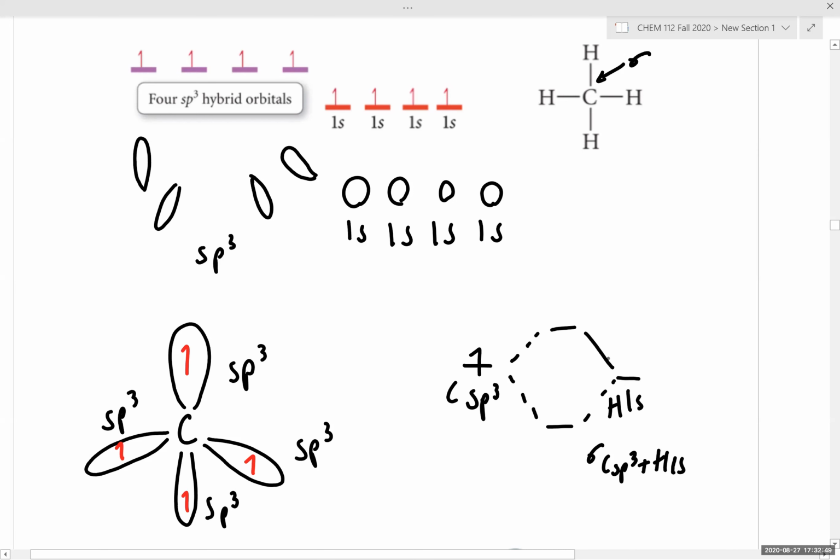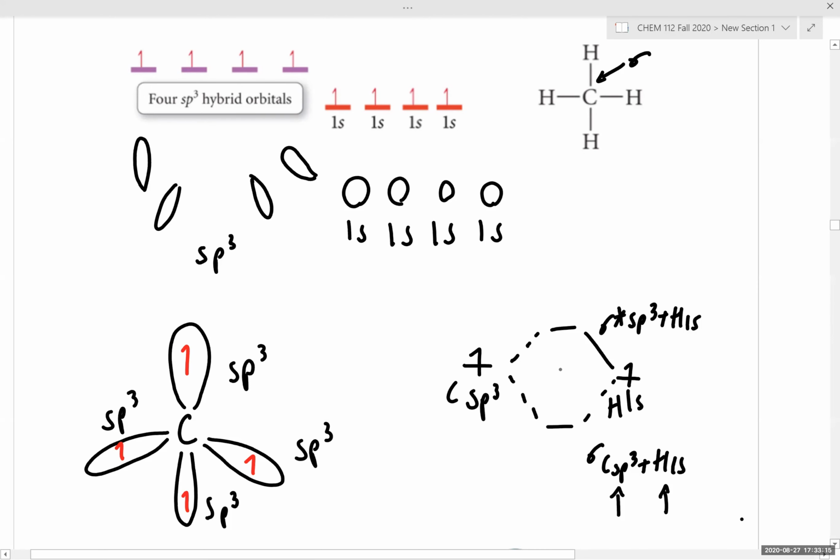We don't typically draw our antibonding orbital, but as you notice from the way I'm writing out my sigma bond and my atomic orbital descriptions, when you describe a single bond or a sigma bond, you indicate both orbitals used to form that bond.